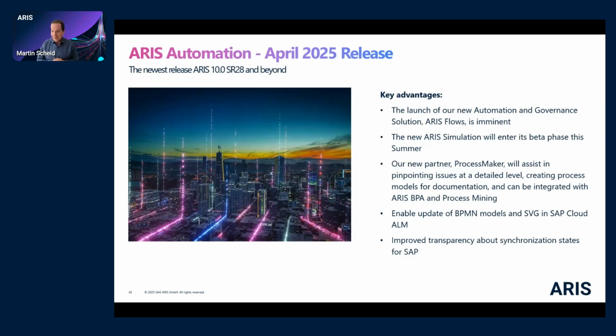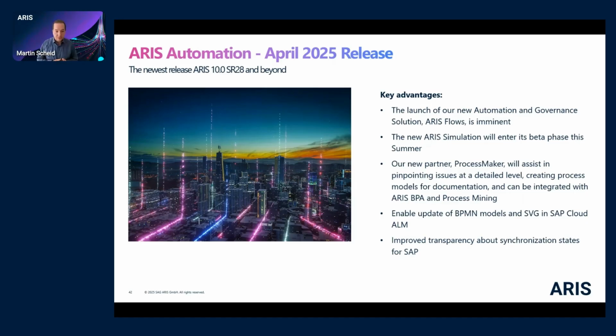So the next thing I want to talk about is a lot of things that we have done. Besides simulation and flows, and obviously the partnership with ProcessMaker, we also have some enhancements in the direction of our SAP integration. We now enable the support of SVG in the SAP Cloud ALM space.